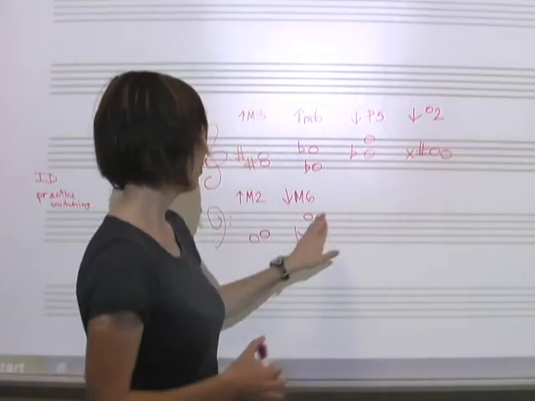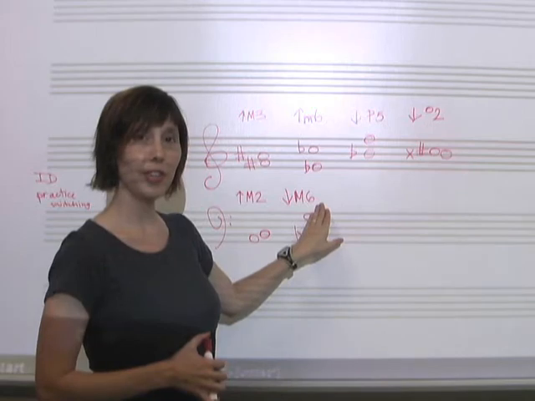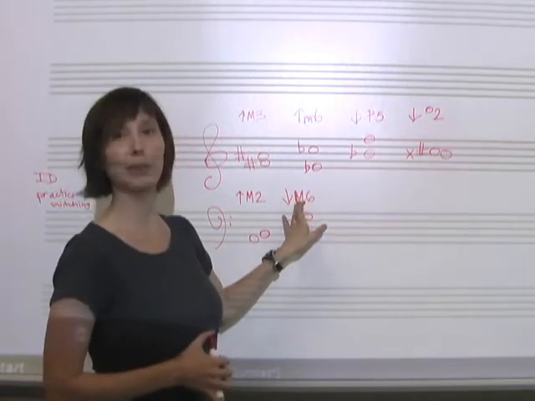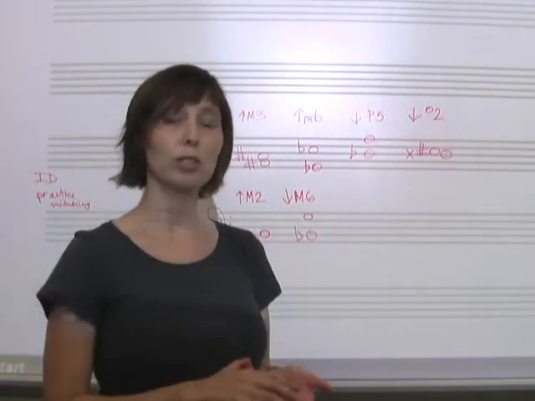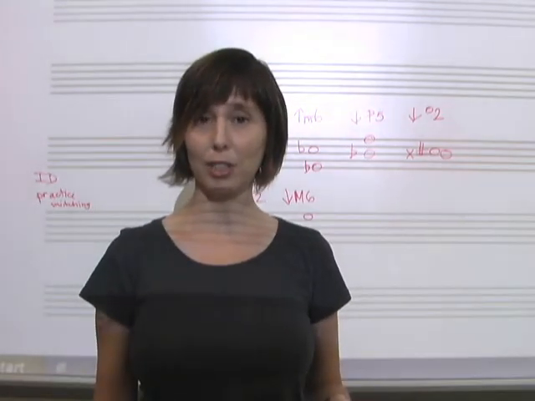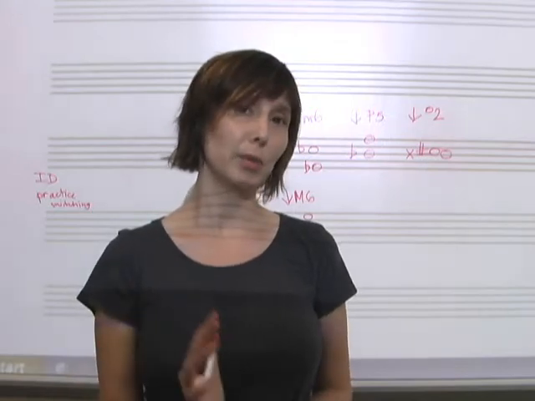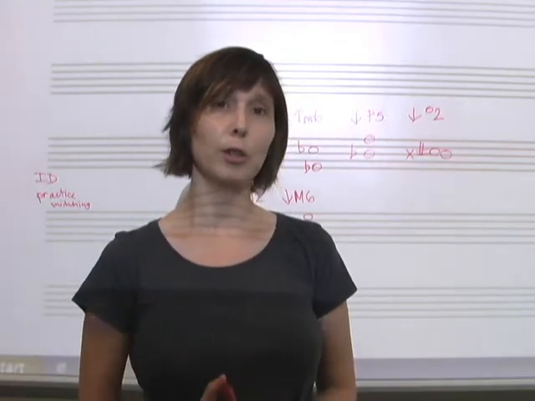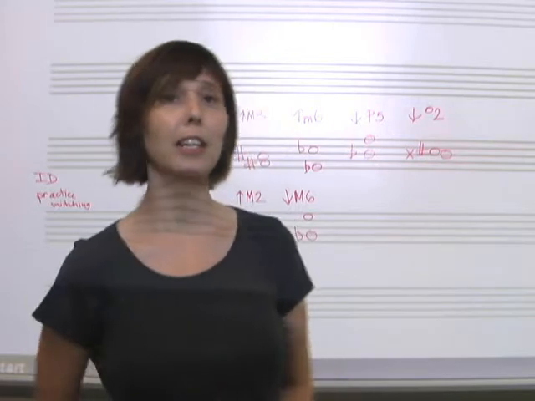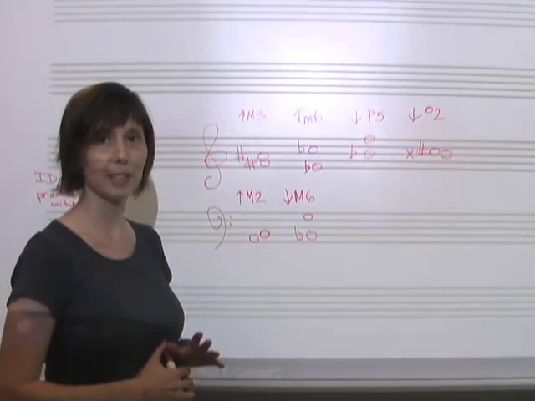Because remember, the inversion of a sixth is a third. The inversion of major is minor. If we go 2 whole steps up from G, that would give us the third note of the G major scale, which would be a B natural. To make it minor, we lower it to a B flat. And then when we get our inversion, that makes a major sixth.